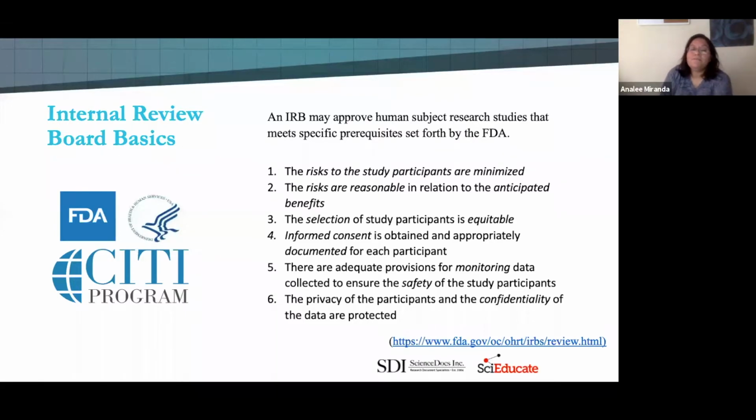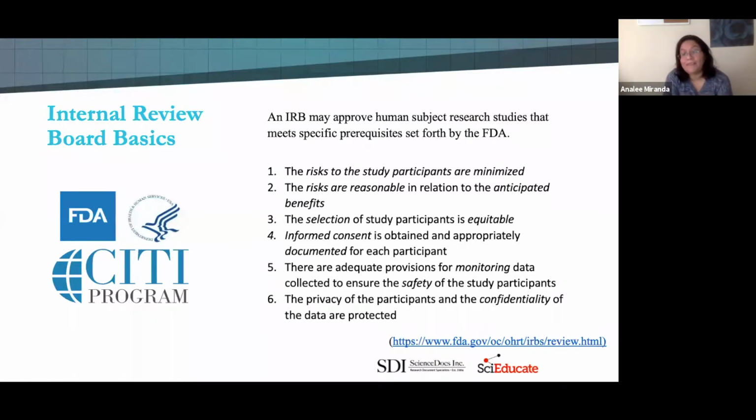There are also many monitoring rules that are in place, mostly by the FDA and monitored by the Department of Human Services. And this IRB board is also tasked with ensuring that the principal investigators can monitor this data.